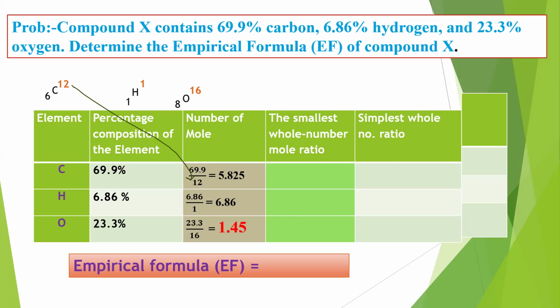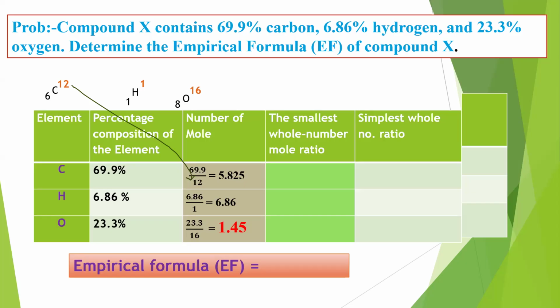Calculate the number of moles by dividing 69.9 by 12, you will get 5.825. Here, while calculating this value, you have to be careful because the value carries to the next step. You have to take at least 2 or 3 digits. Then like that 6.86 divided by 1, 23.3 divided by 16.